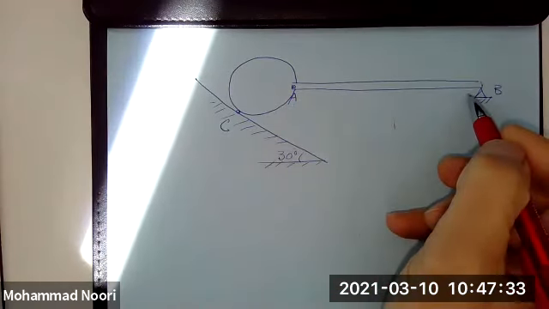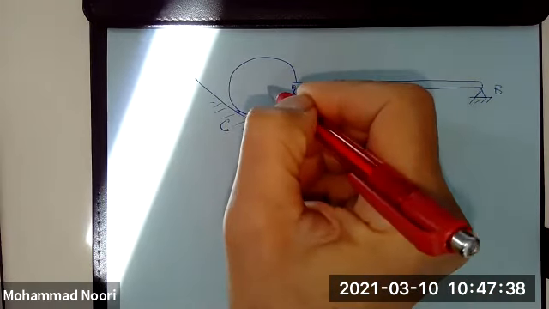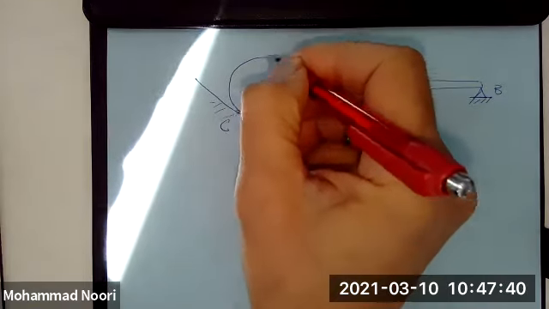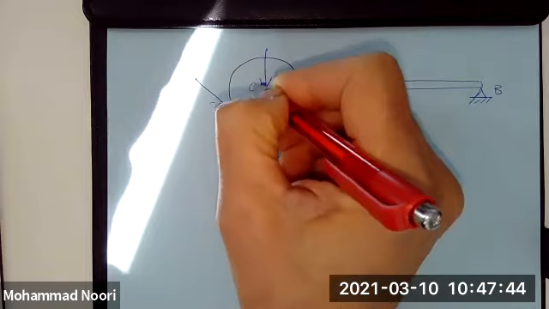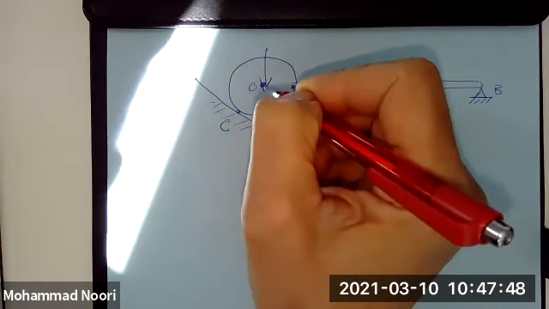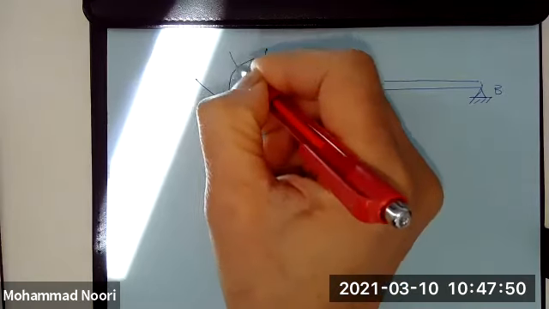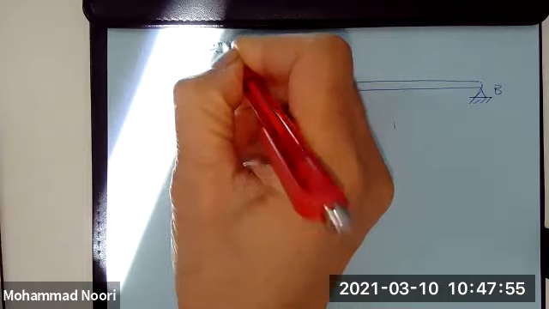Of course, this disc has a weight. Obviously the weight acts through the center of gravity of this disc, which is at the center of the circle. The radius of this circle is 0.2 meters.